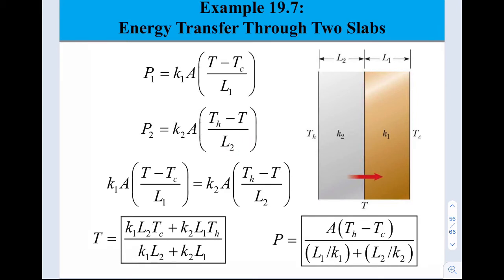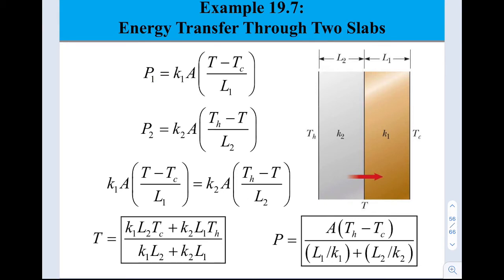This must be the same, because the rate of transfer of energy from slab 2 must be equivalent to the rate of transfer of energy to slab 1. So P2 is equivalent to P1.